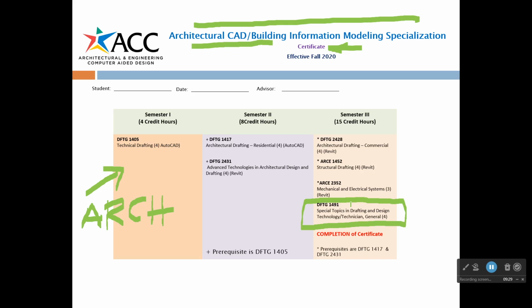Your portfolio is built from the projects and drawings that you've made in the courses you took before it. So what we do, we give you an entire semester to reopen all of your architecture courses or all your mechanical or all your civil, whichever associate degree you're going for. You reopen all of those and you make all your corrections and you make sure everything's perfect, and then you decide, okay, I'm going to use this detail out of this drawing in my portfolio.